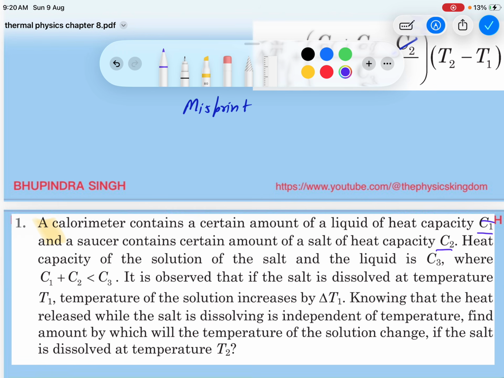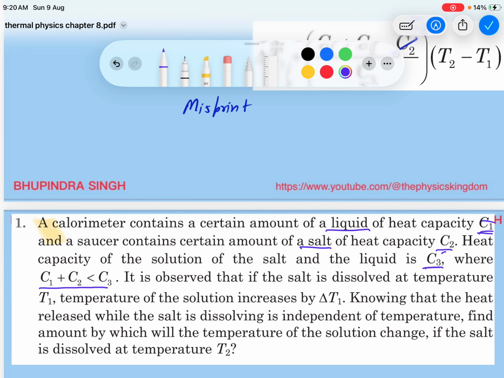So salt and liquid have heat capacities C1 and C2. The heat capacity of the solution of the salt and the liquid is C3. So whatever keywords are there, we need to underline them so that we can correlate the complete question. Where C1 plus C2 is less than C3.